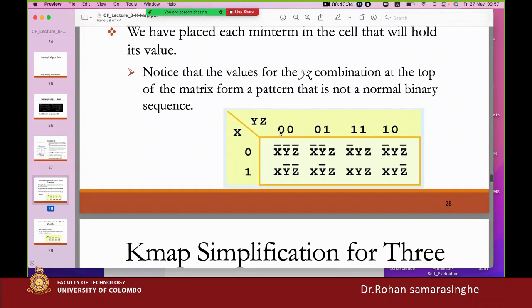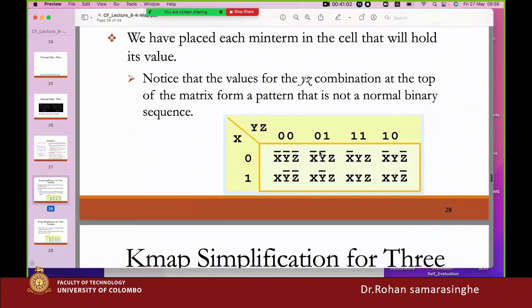This is very important, how to give the marks. X can be 0, and the y z values can be 0, 0, 0, 1 and 1, 1, 1, 0. Note that the earlier order was wrong; it is 1, 1 and 1, 0. Four minterms are there: 0, 0, 0, 1, 1, 1 and 1, 0. X value is 0, 1.